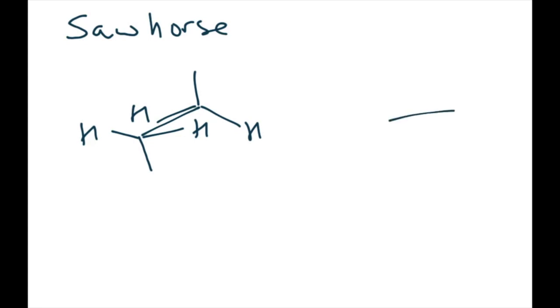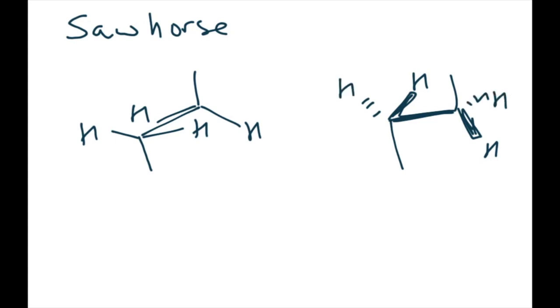In the wedge dash, these two hydrogens that were both on a wedge are on the same side of this bond, and these two that are on the dash are on the opposite side. But you can see that, right? These two hydrogens are pointing towards you in the sawhorse, just like these two hydrogens are pointing out at you in the wedge dash.